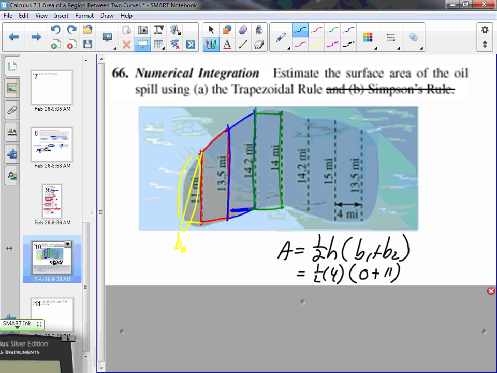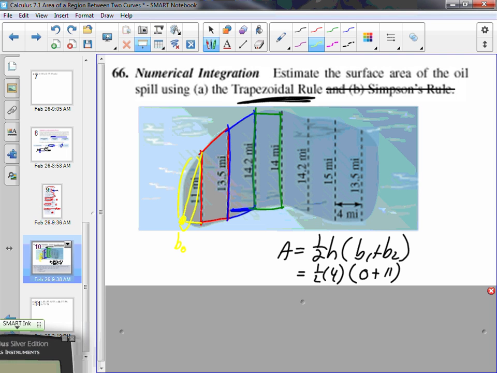Now, we've done this in the past by simply finding the area of each trapezoid and adding them all up, but that's a bunch of trapezoids. There's an easier way. There was the trapezoidal rule, which I didn't make you memorize, and I'm still not going to make you memorize. We can figure it out. Because this non-existent yellow base, that's only in there once, right?